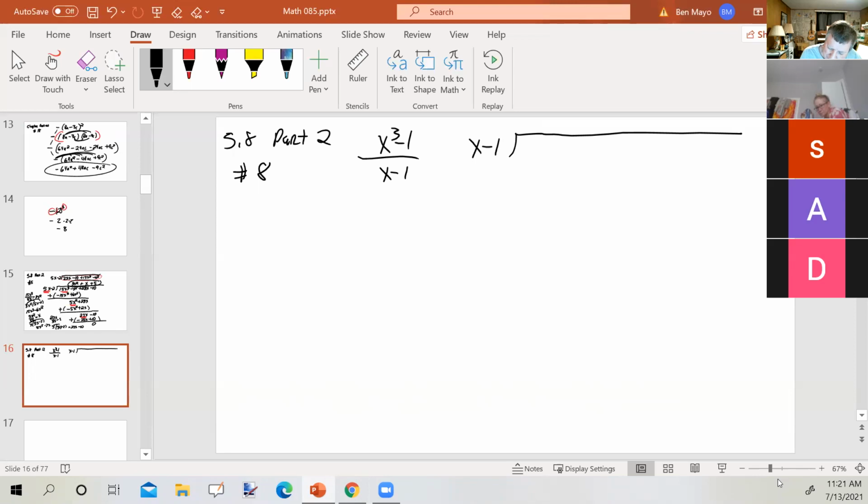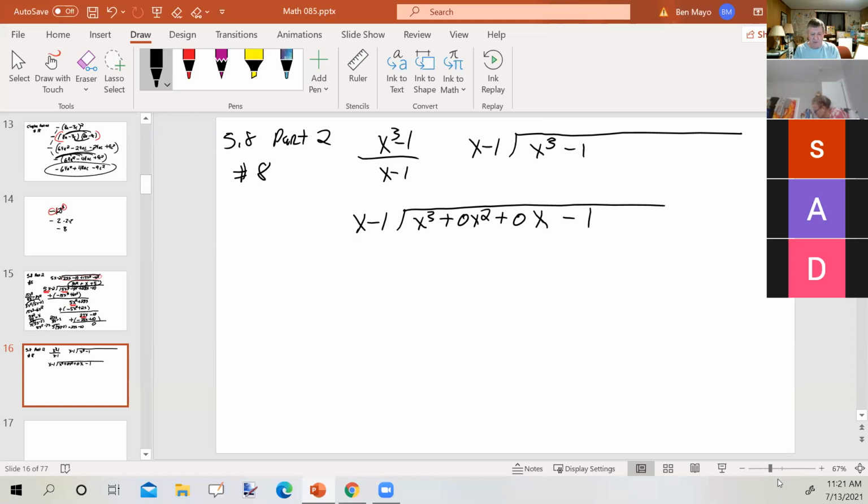On the inside, we've got x cubed minus 1. However, we've got some missing terms. So I'm going to rewrite it, x minus 1 on the outside and x cubed plus 0x squared plus 0x minus 1, filling in the missing powers.